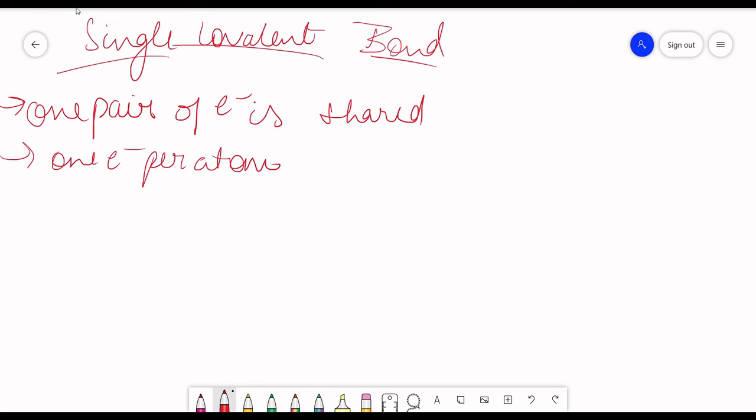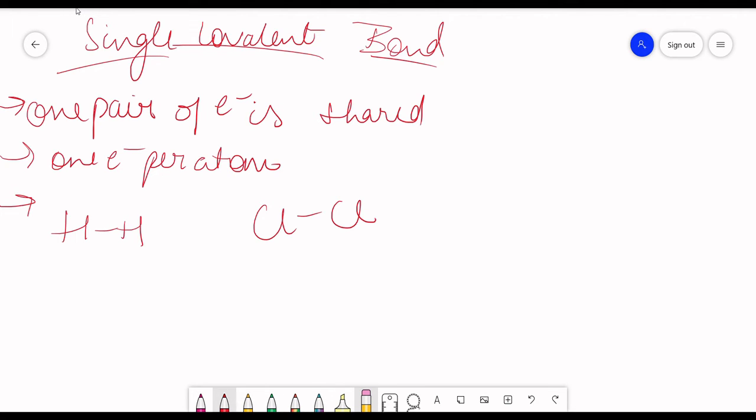If we see molecules of hydrogen, chlorine, hydrogen chloride, water, ammonia, methane and carbon tetrachloride, these are some examples of single covalent bonds. I'll tell you how. For example, hydrogen, HH, chlorine, ClCl.